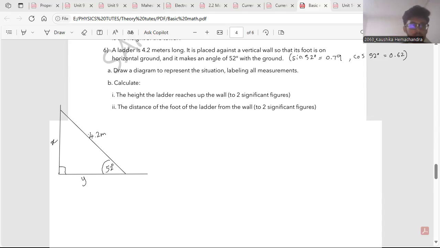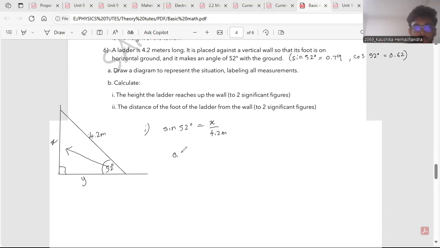Okay. So you can write for the first one, the height the ladder reaches up to the wall, that is x. With relevance to 52, x is opposite, right? You have the hypotenuse. So opposite over hypotenuse. Sine 52 is equal to x over 4.2 meters.